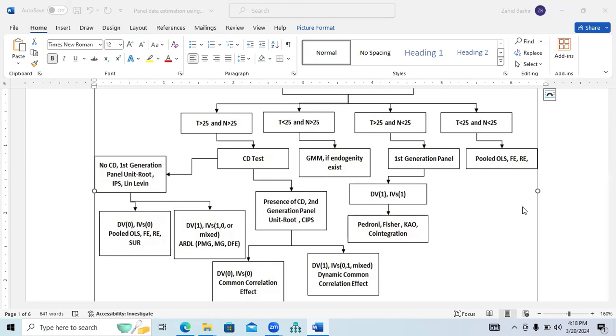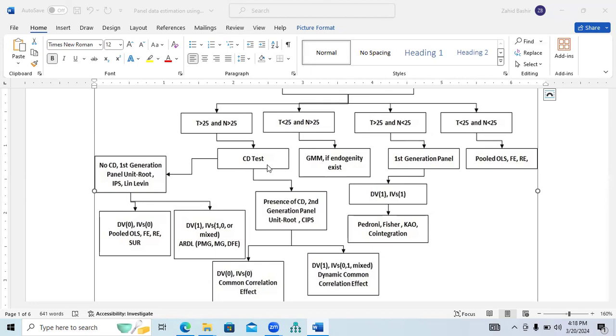The first is if your DV is stationary at zero level and IV is also stationary at zero level, then you are going to use common correlated effects. And if your DV is stationary at first level and IV is mixed, maybe stationary at zero, maybe at one, or at mixed level, then you are going to use dynamic common correlated effects. I will let you know how we are going to apply this procedure.